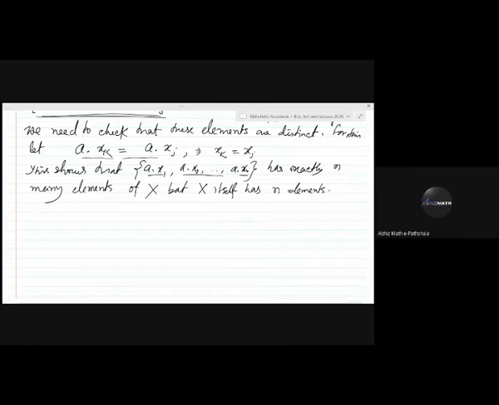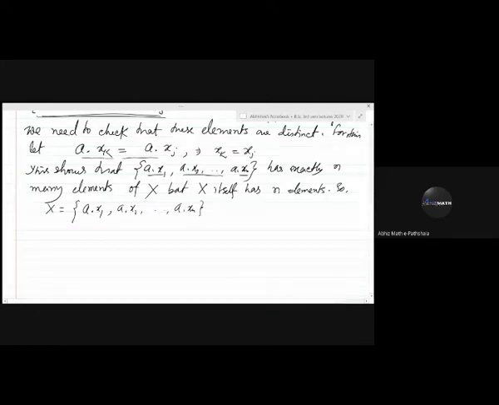So these elements are from X, and they comprise n many elements. But X itself has n many elements. So what it says is that X coincides with this set a·X.